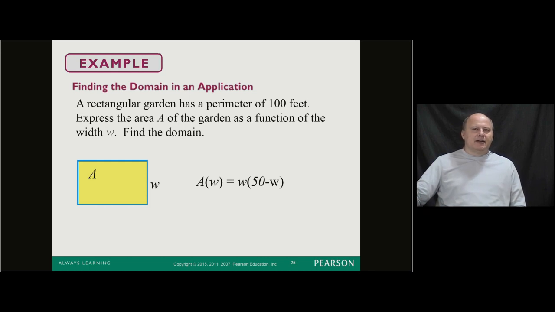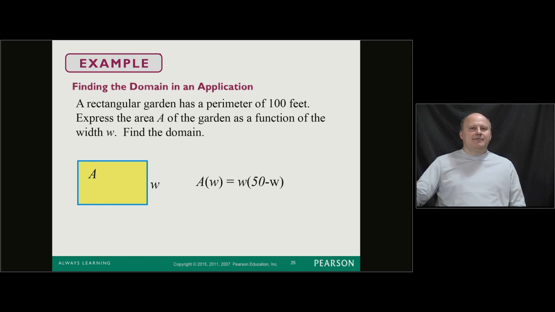But this one is talking about lengths of a rectangle, and lengths cannot be negative. So the width has to be greater than 0. We already know W has to be greater than 0, because if it was less than 0, then we'd have a negative width. And we also know the length can't be negative.